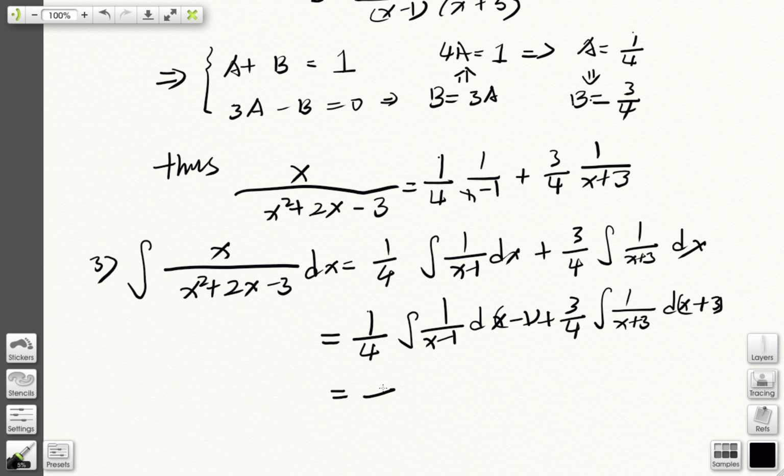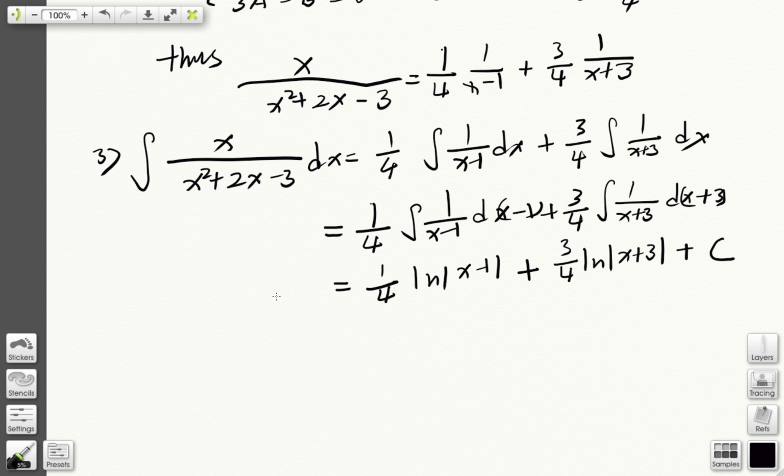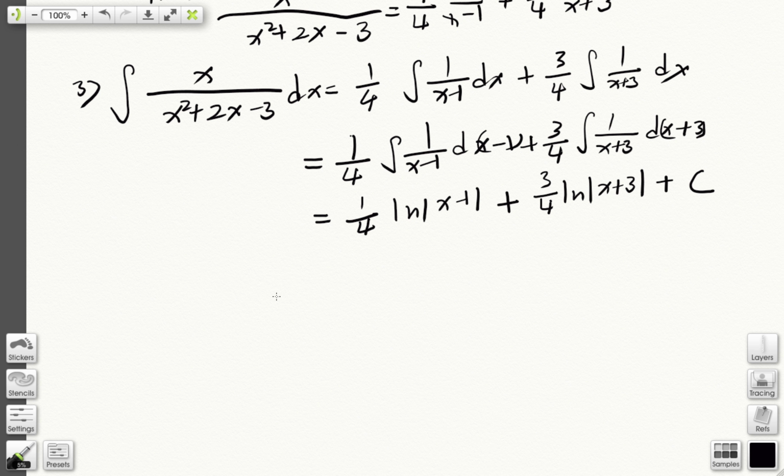We'll have this equal to a quarter times ln of the absolute value of x minus 1 plus 3/4 times ln of the absolute value of x plus 3 plus a constant c. So always remember the constant c. And this pretty much finishes our first example.